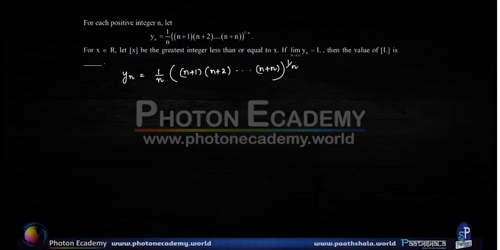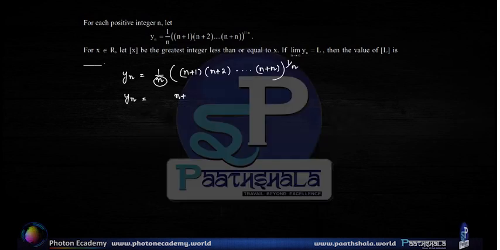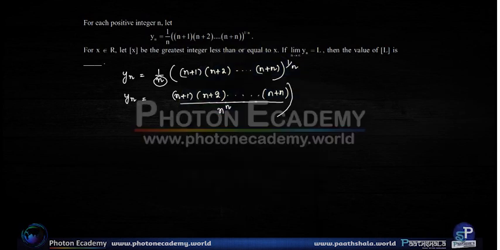So the n that is in the denominator, we want to fit it so that it becomes one term. For that, we can write yn is equal to ((n+1)(n+2)...(n+n) divided by n to the power n) whole to the power 1 by n.